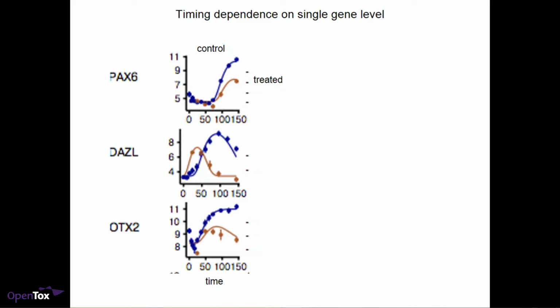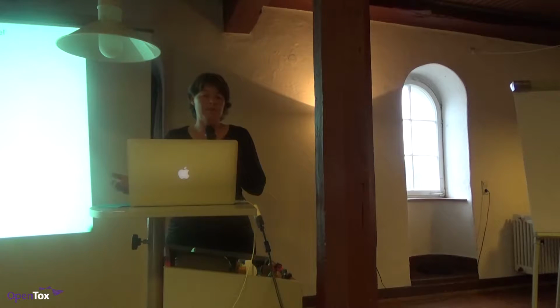So we did it in parallel, treated at different time points for different times, took samples and did whole transcriptome analysis, and these are only 3 example genes that I show you here. PAX6 is the typical shifted baseline. It is not as much upregulated as it should be. OTX2 is the same, so it normally is regulated much higher.